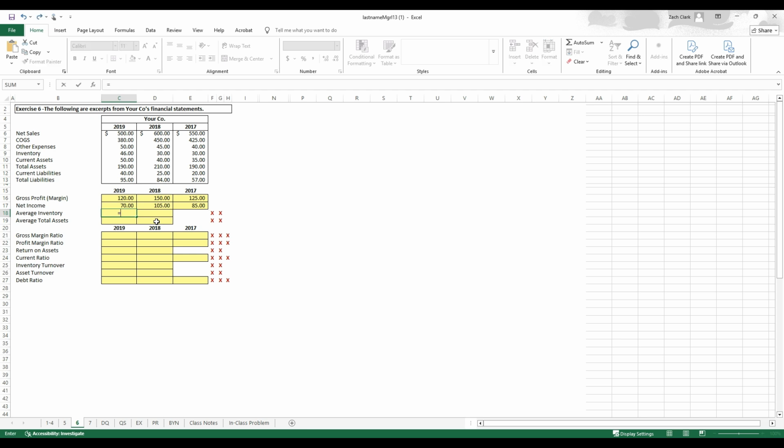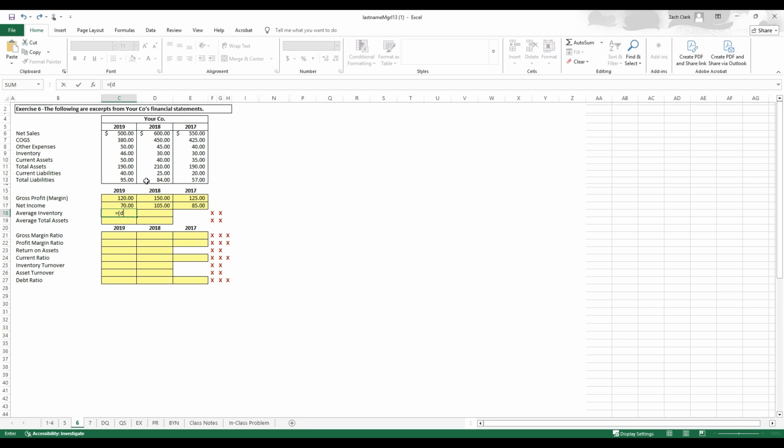Remember, whenever we're talking about averages in our class, we're just going to take the current year plus the prior year. I'm sorry, I need to look at average inventory. Sorry, not average assets. And again, I almost did it again. So let's link to our totals above.